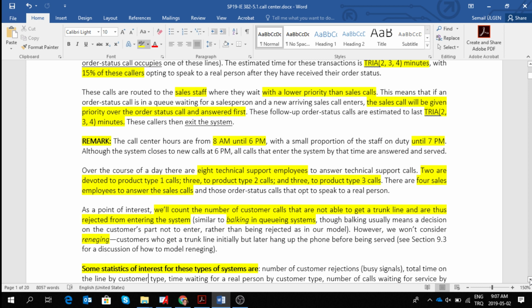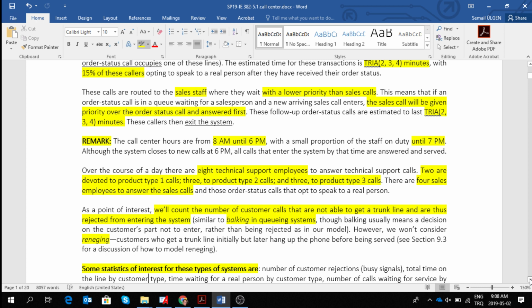So we will also count the number of customer calls that are not able to get a trunk line and are thus rejected from entering the system. You can consider this as balking in a queuing system, as we have seen before. Balking would mean that a customer decides to leave the queue because the queue is longer than they would expect.